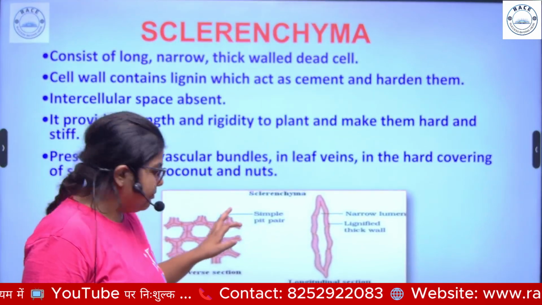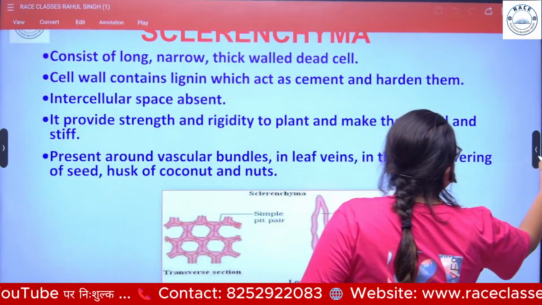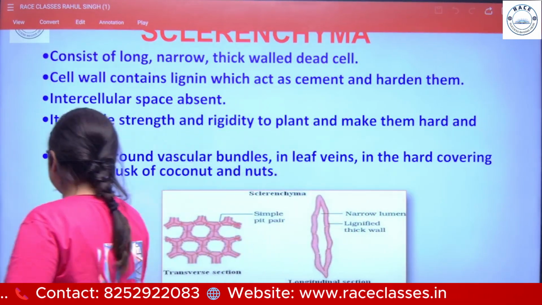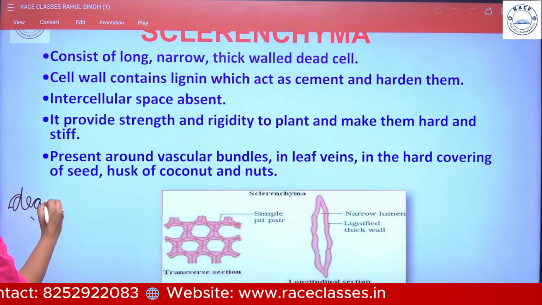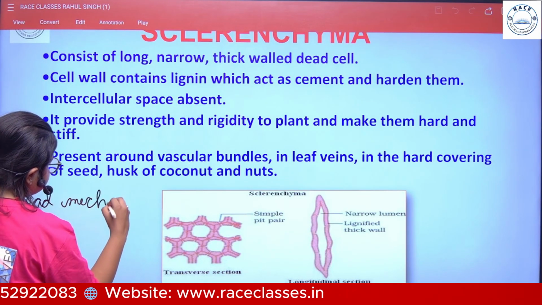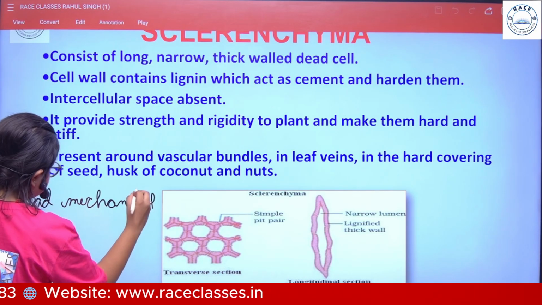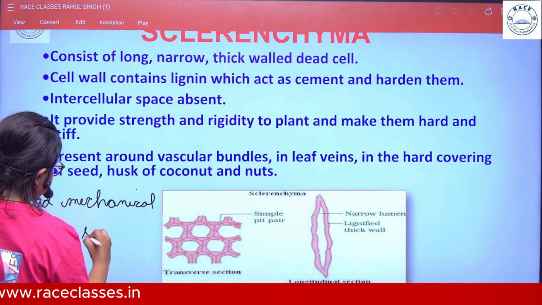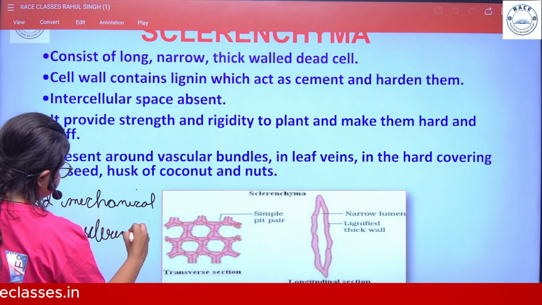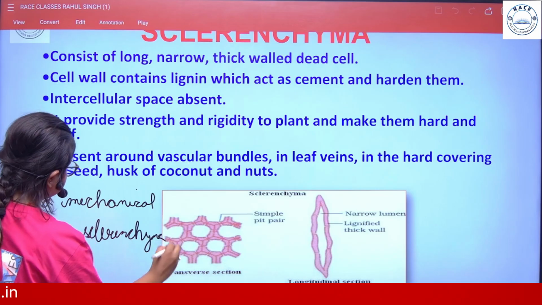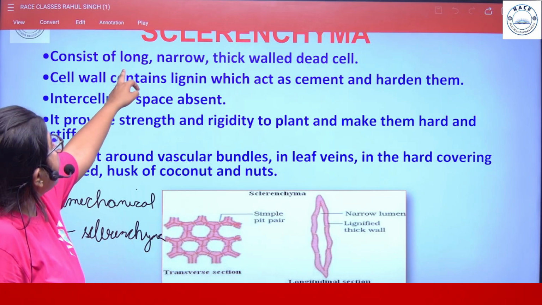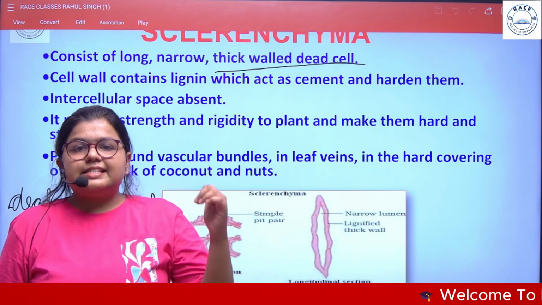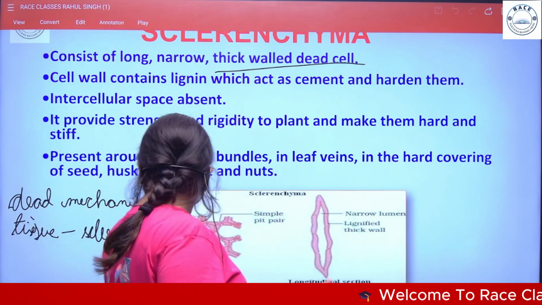Now, sclerenchyma, I will continue the same thing that I wrote there: dead mechanical tissue is your sclerenchyma. These are long, narrow, thick walled dead cells.